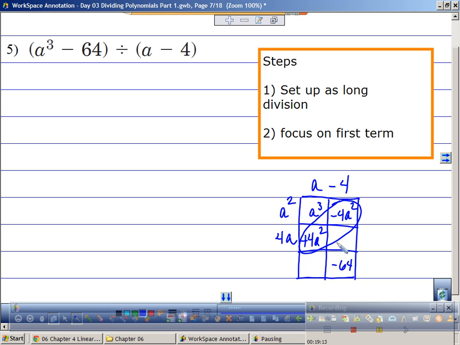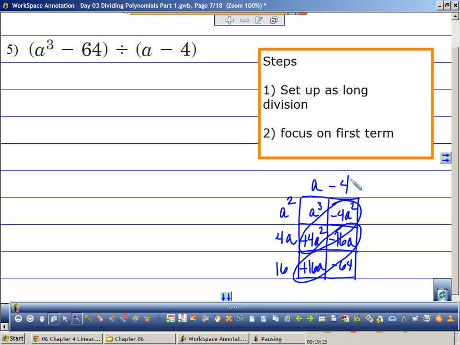And then what's this? Negative 16A. Then what's this? Positive 16A. And then what happened here? They canceled out. Then what's this? Because A squared times negative 4 is negative 4A.